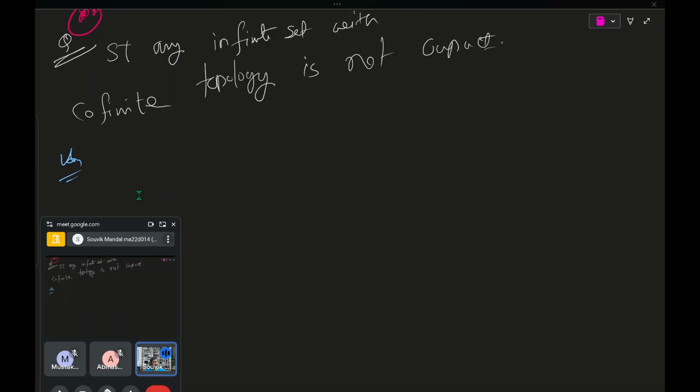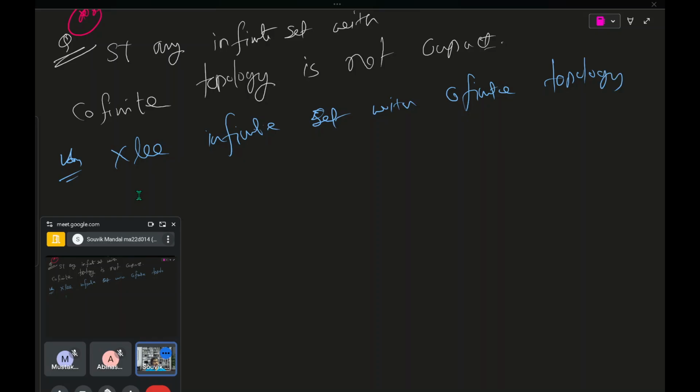Let X be an infinite set with the cofinite topology. Sorry, an infinite set is not always compact.